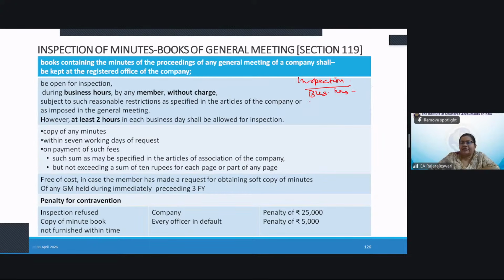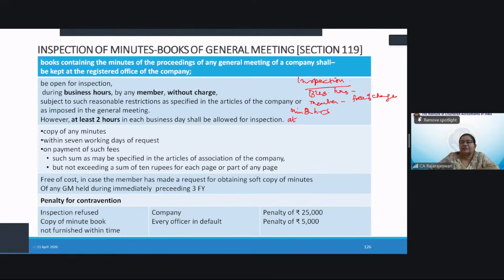For a member, you can give it free of charge, without charge. If he wants to inspect the minutes of the general meeting, minimum 2 hours will be provided. It is minimum 2 hours.